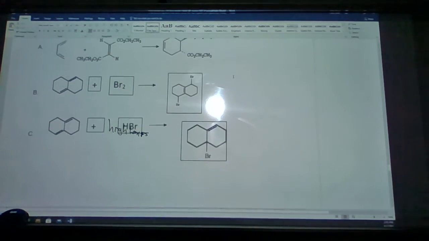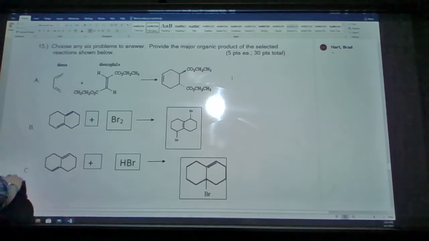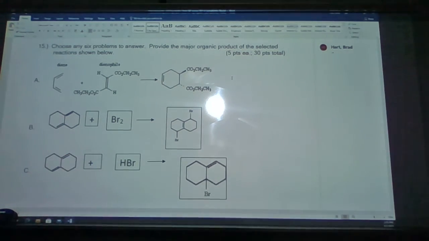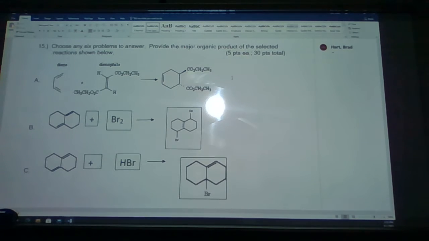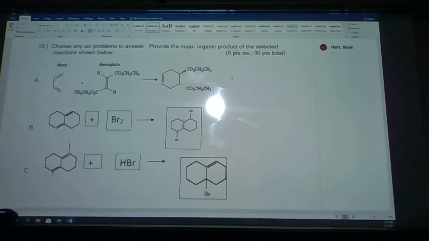Number C, we're not adding Br2, we're adding hydrogen. HBr can add here or there.